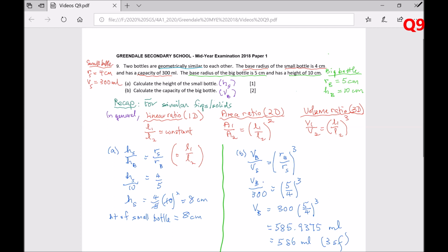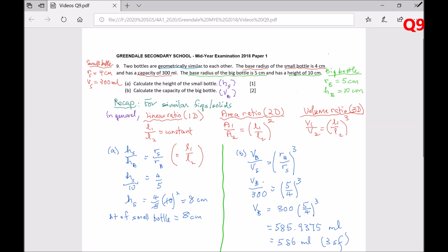In part B, we want to find the capacity of the big bottle. Capacity also refers to volume. So we make use of the volume ratio, which is RB over RS cubed. We are given volume of the small bottle, which is 300 ml.